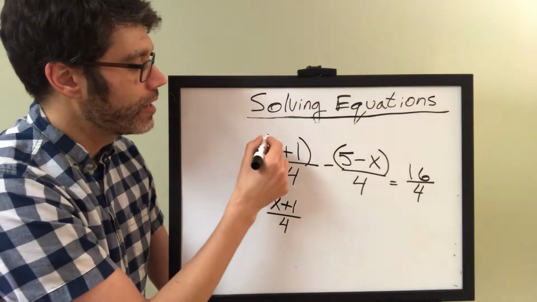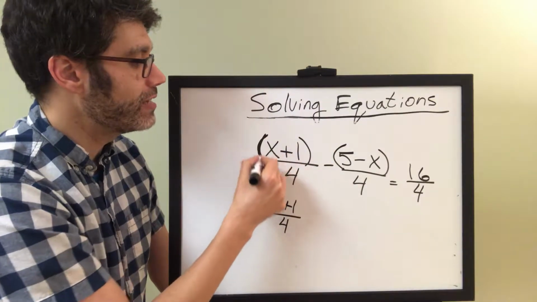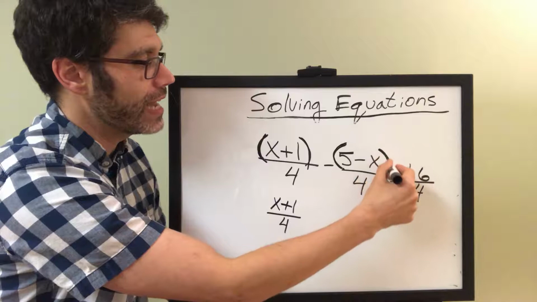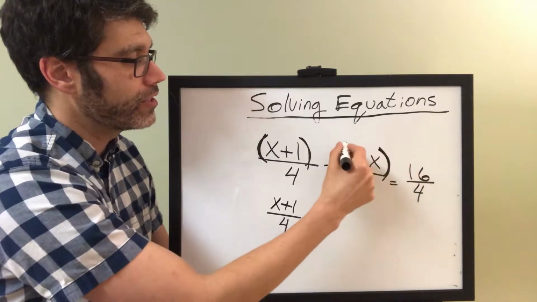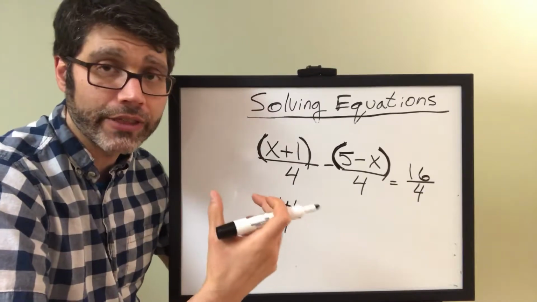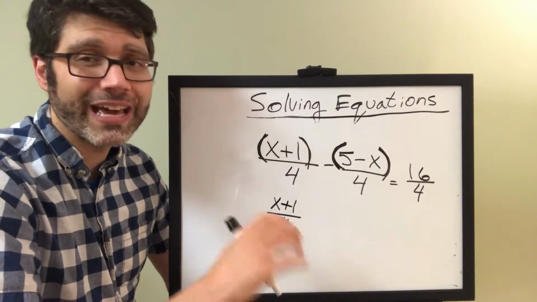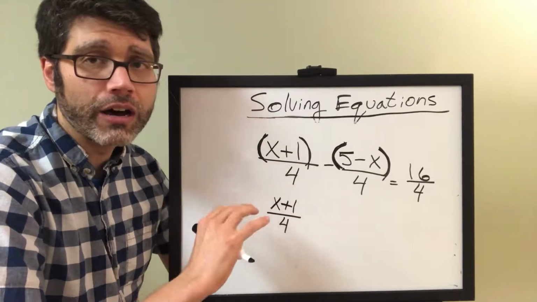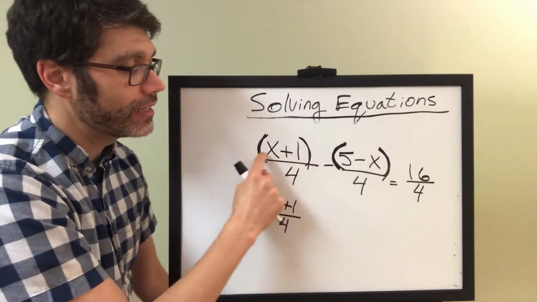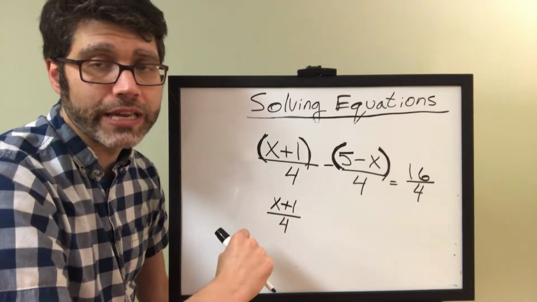I also sometimes think of these as seatbelts, all right? To just package these terms in our numerator, to know that they're all going to be bound together. It's really important to do that at the very beginning of a problem where we have multiple terms in a numerator.